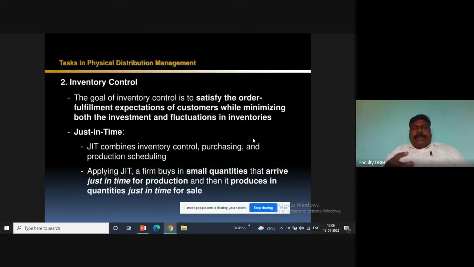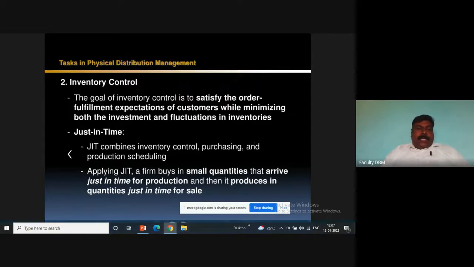Applying JIT, a firm buys in small quantities that arrive just in time for production, then it produces in quantities just in time for a sale.